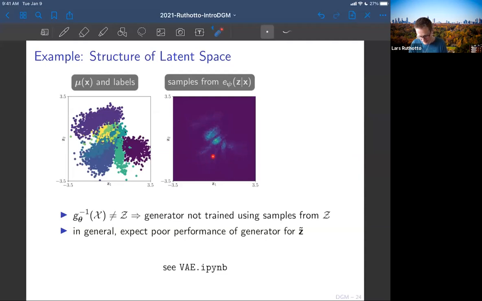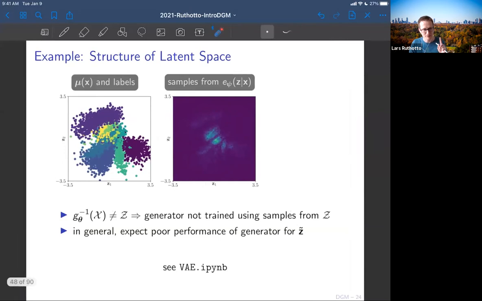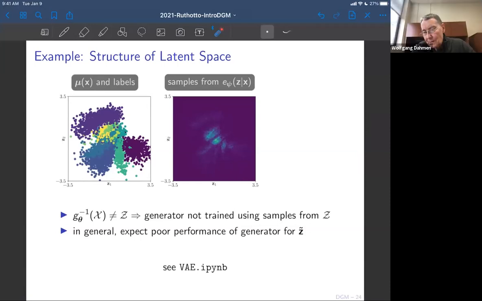So that is the density you're using in training. So you're training more on those points, but you're missing part of the space that is actually supposed to be used in the generation. So that is somewhat disturbing in some sense, right? Because you shouldn't expect to see a great performance.